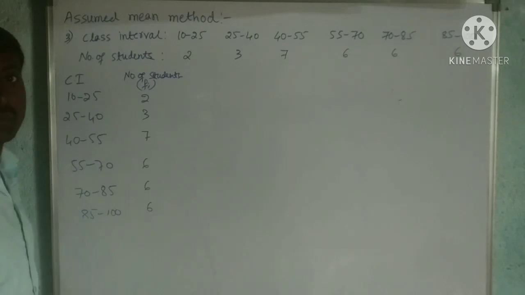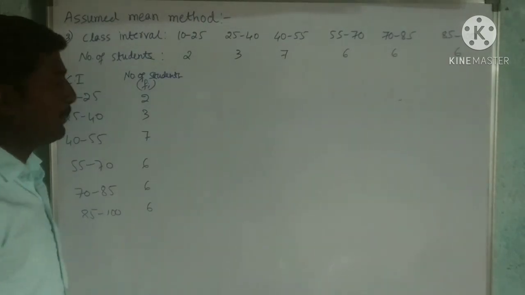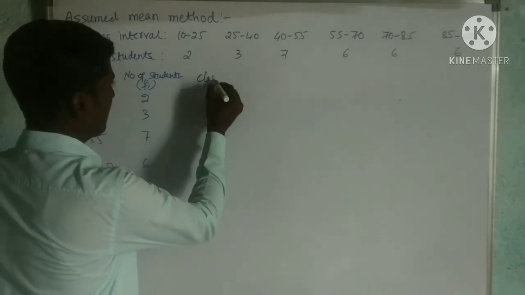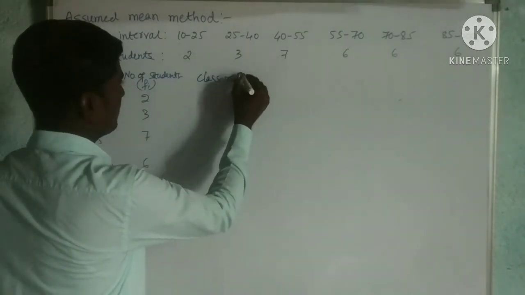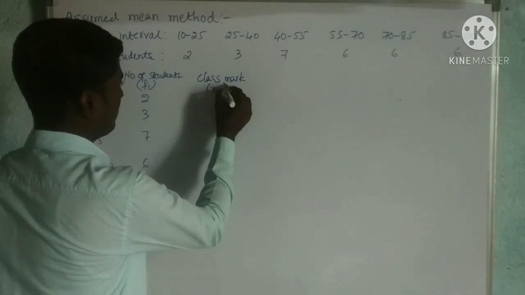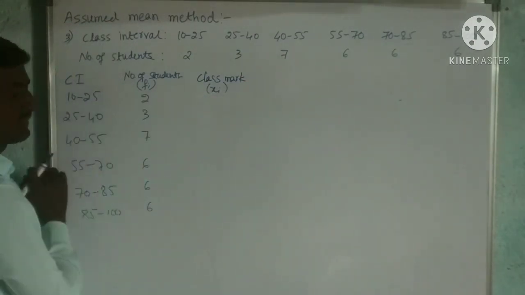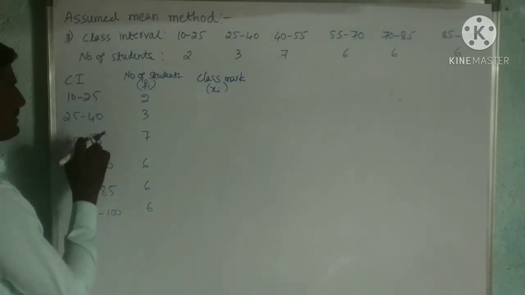Then again, what do we want? We want the class mark or midpoint, that is xi. It is nothing but the midpoint of ci, 10 plus 25 divided by 2 and so on.